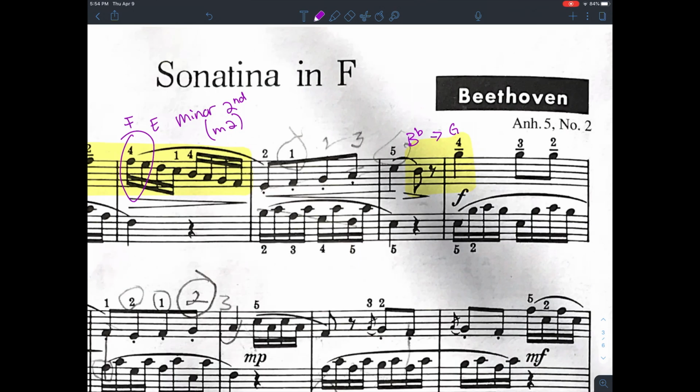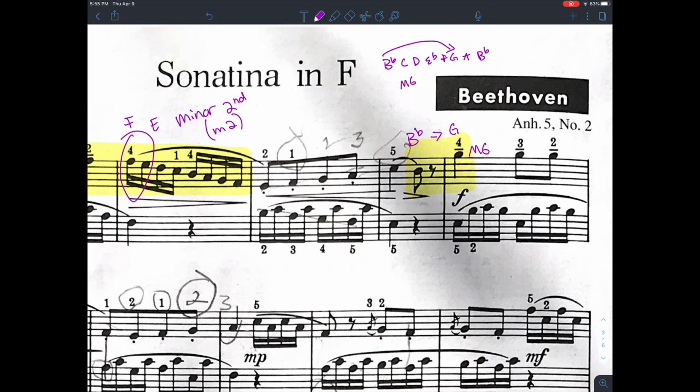Let's look at a few others. So we have B flat to G. There's a couple different ways to think about that. So we can have our major minor scale method where we think about what G is in a B flat major scale. Does it exist in that scale? If we write out our note names, or if we just think about them, we can think, yes, G is in the key of B flat.